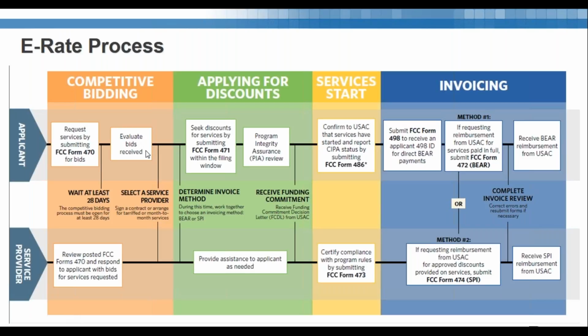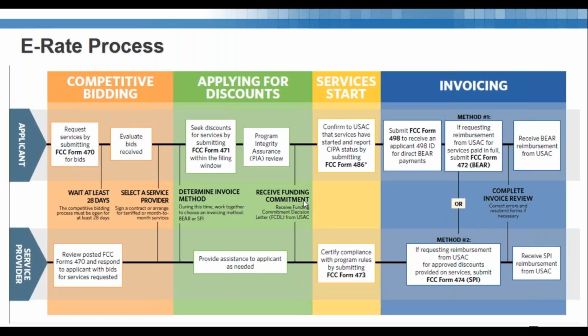Once those bids are evaluated and a service provider is selected and a signed contract or services are arranged, the next step is to apply for discounts once the window is open. I'll go through the dates a little bit later. The next step is to fill out the Form 471.